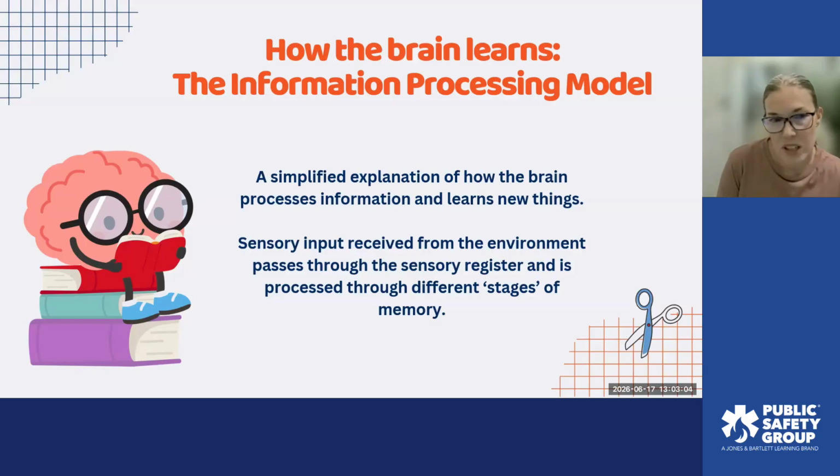So it goes through many more stages than what we probably grew up hearing about: working, short-term, long-term memory. There's actually several stages of memory. And as information passes through each one of these stages, our brain further processes and refines that information. And then it decides if it wants to keep it, what shelf it should put it on for storage so that you can retrieve it later.